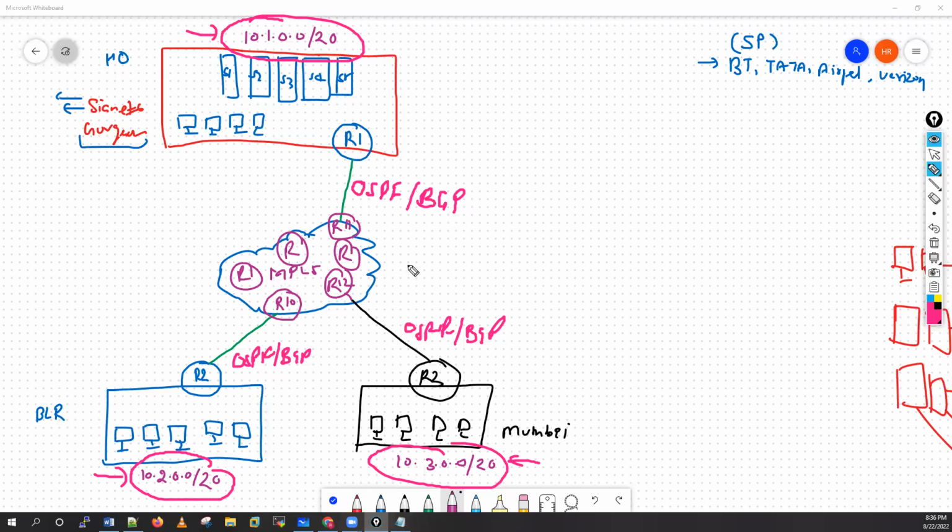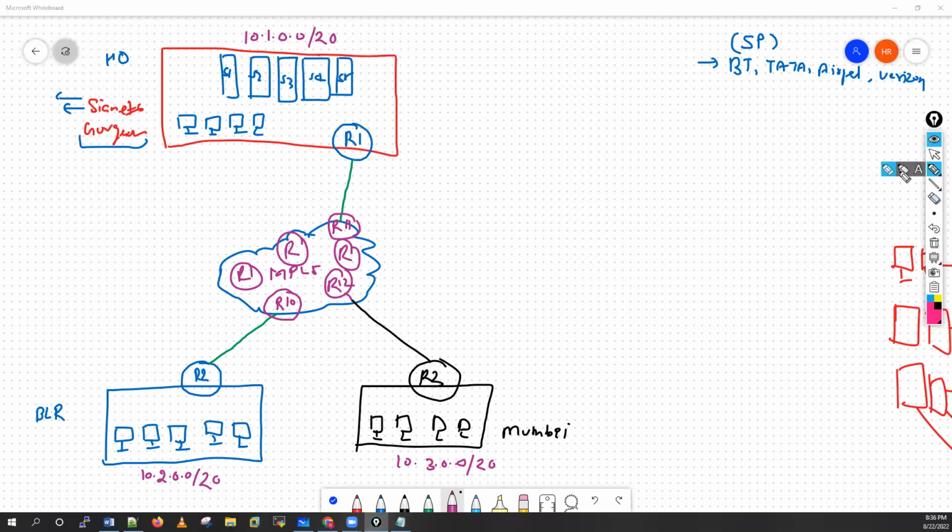Also, MPLS will provide you the SLA. SLA stands for service level agreement. Let's suppose on the server you have put your web servers, or some application server, maybe F1. This is one of the applications you are running on these servers.